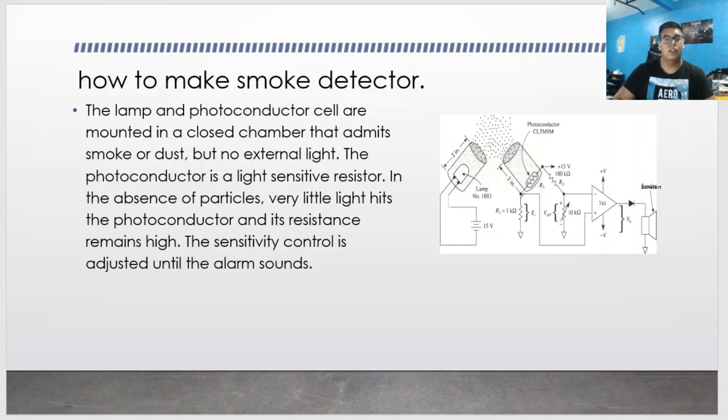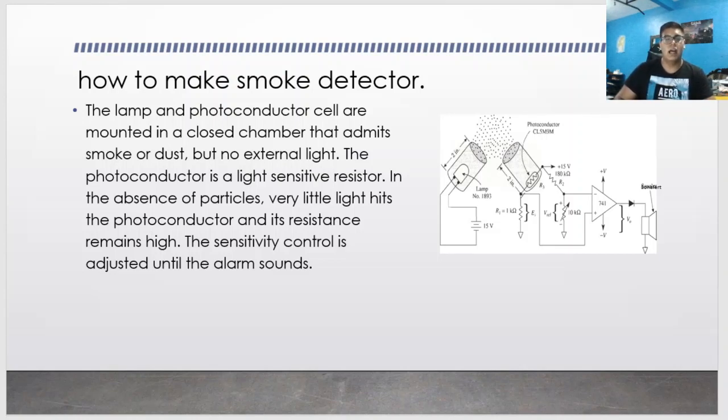The photoconductor is a light sensitive resistor. When the photoconductor receives light, the resistance is low, and when it doesn't receive light, the resistance is high.